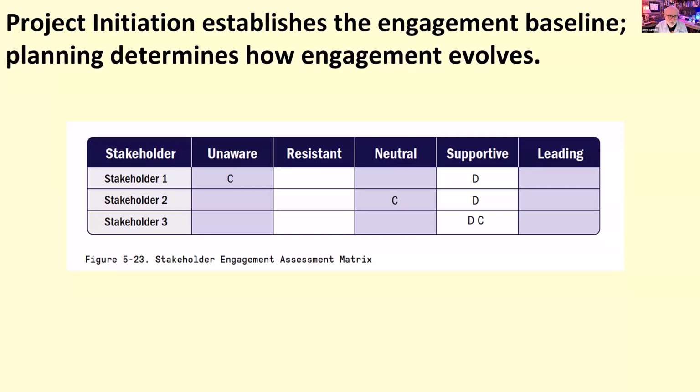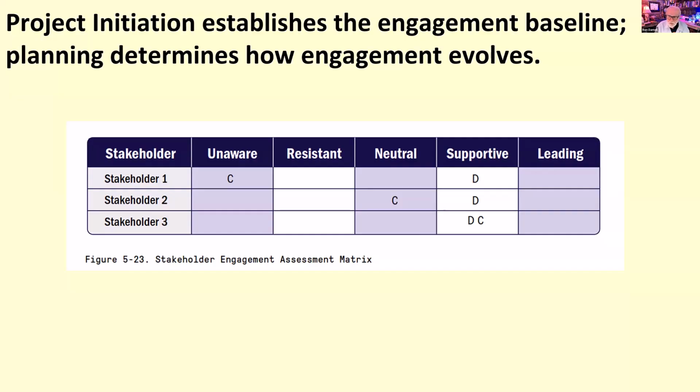Initiation establishes an engagement baseline. It determines how our engagement with the stakeholders evolves. And this is a stakeholder engagement assessment matrix, from the PMBOK 8. It helps us understand where stakeholders currently are.